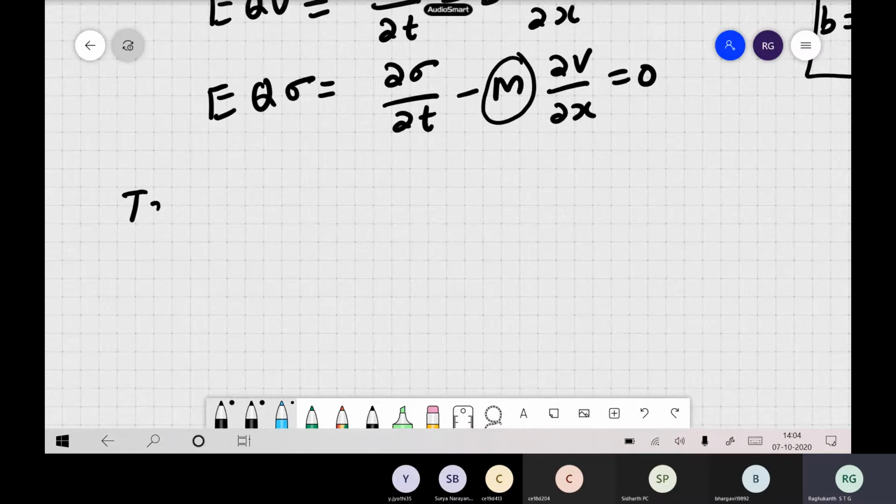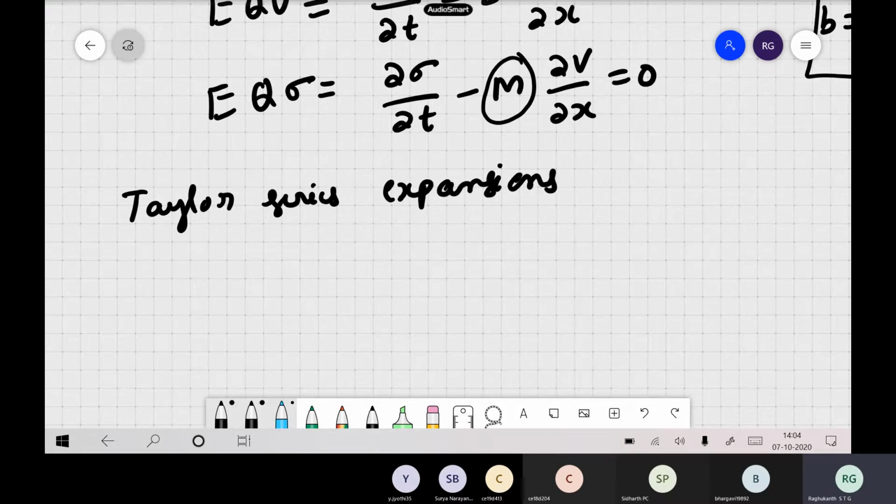Now if you want to write this in central difference form, look at the Taylor series expansions of velocity and stress.